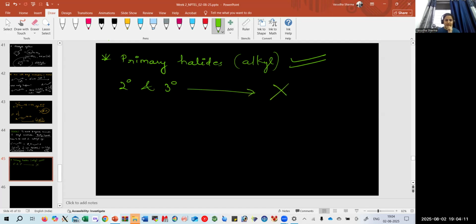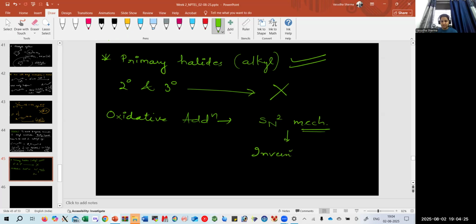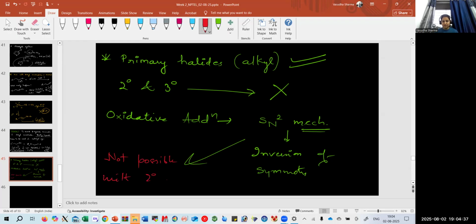Why is it so? Because generally we have an oxidative addition step. It's an SN2 mechanism, meaning there would be an inversion of the symmetry. And this kind of thing is not possible with secondary or tertiary alkyl substrates.